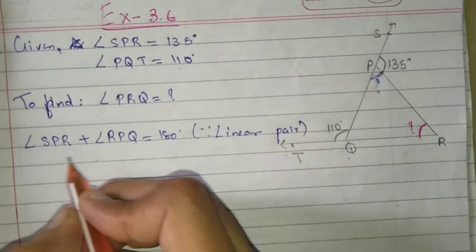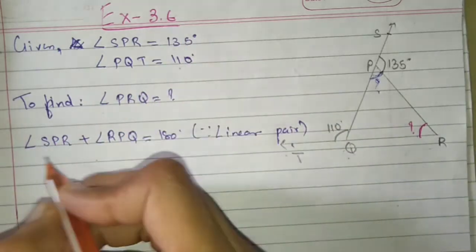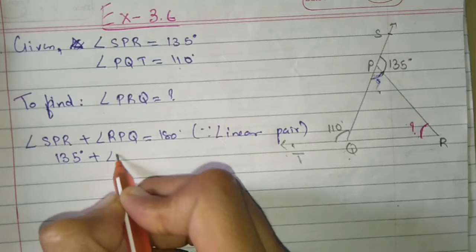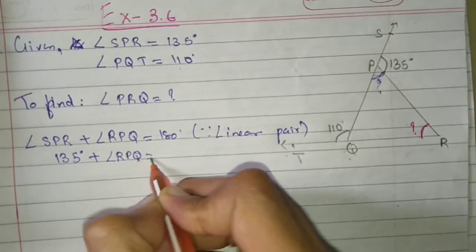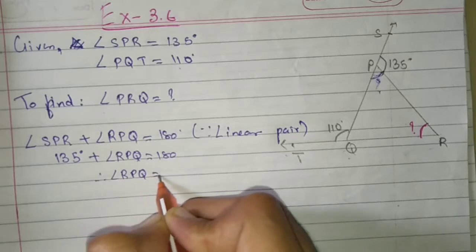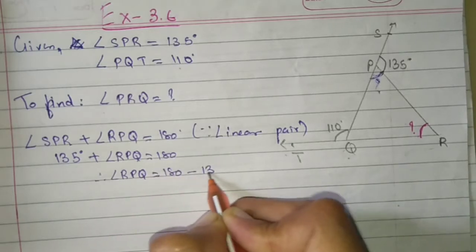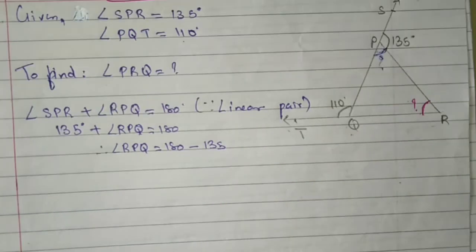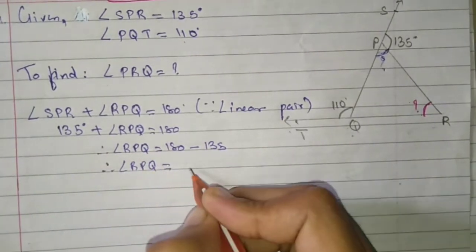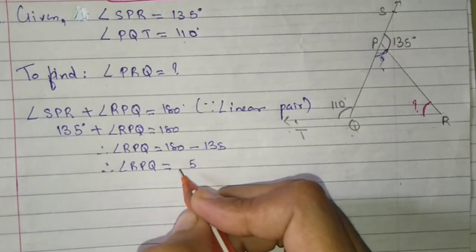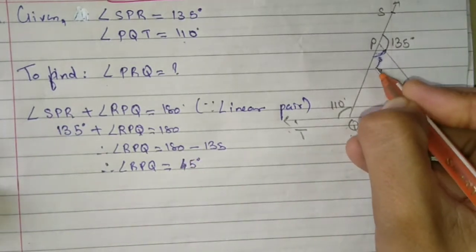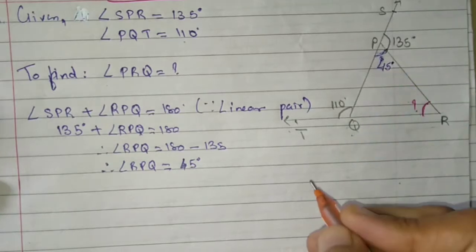Putting the value of SPR as 135, RPQ equals 180 minus 135. So angle RPQ equals 45 degrees.